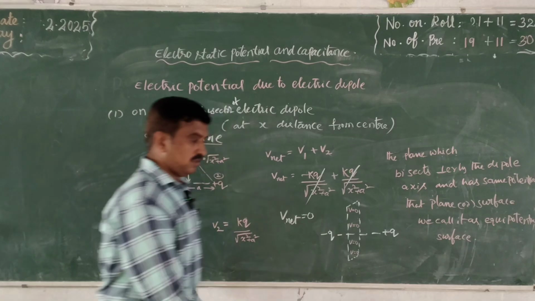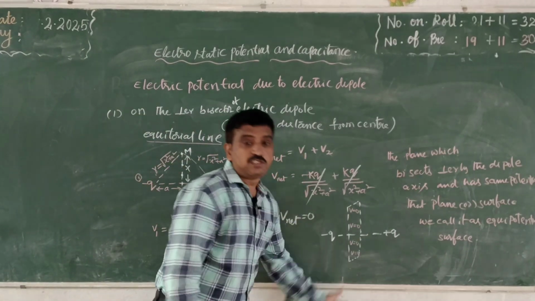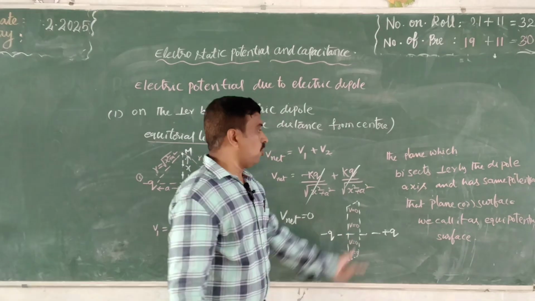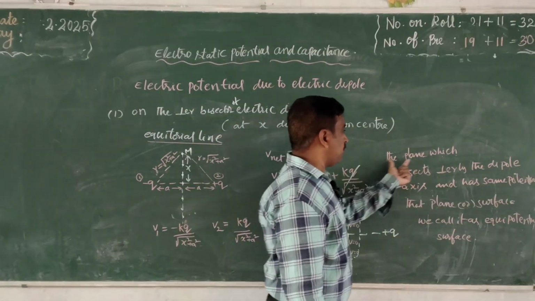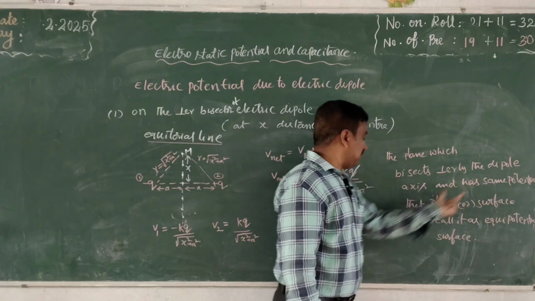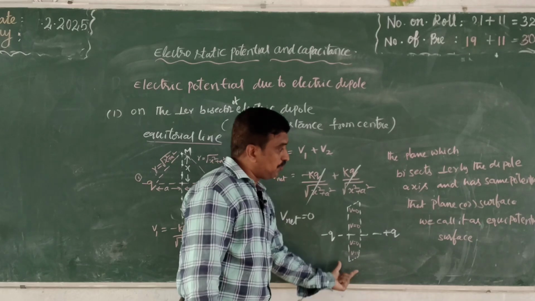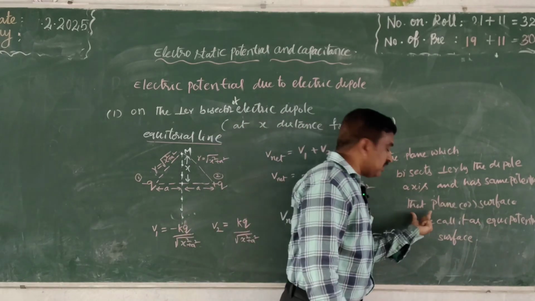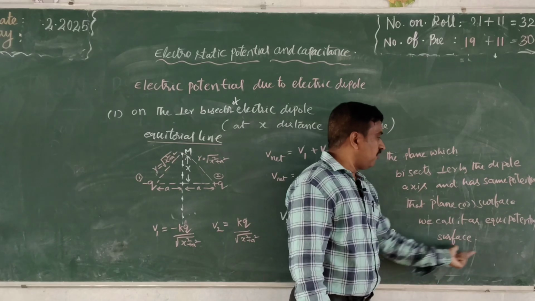See once, this is the plane. In this plane, the potential is the same. That plane we call an equipotential surface or equipotential plane. The plane which bisects the electric dipole perpendicularly and has the same potential, that plane or surface we call an equipotential surface.